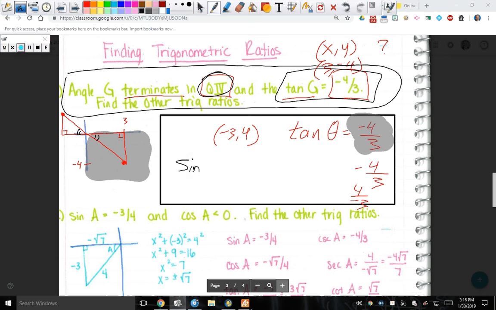The sine of G is what? Negative. The sine of G is negative. They could have said, I'm not giving you this information, but they better give me this because otherwise I won't know if it's in the 4th or the 2nd quadrant.